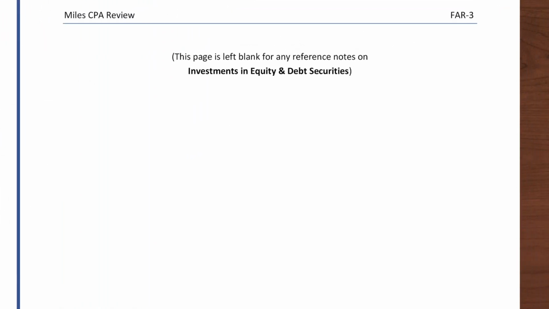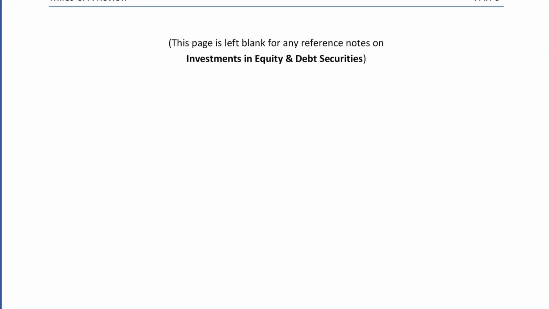Now I want you to turn a few pages and get to page 15, which is a blank page. And let's use that page to recap all that we've learned about debt securities and highlight that. So as we know, the three classifications of debt securities: HFT, that's held for trading, AFS, and HTM.